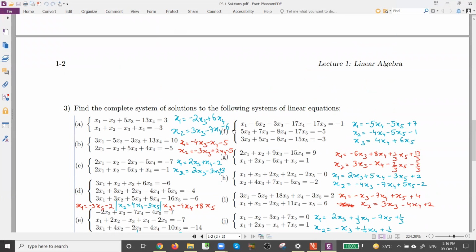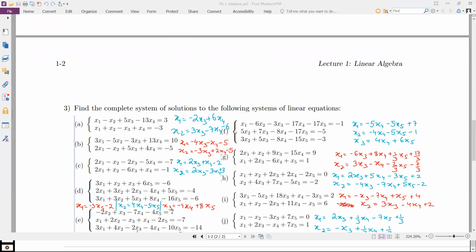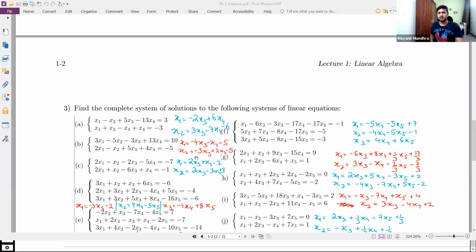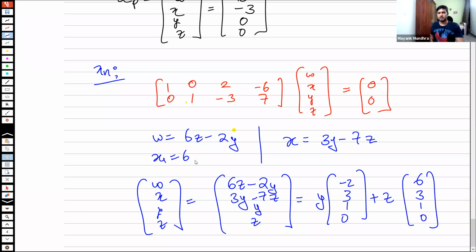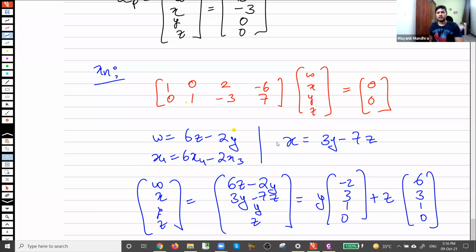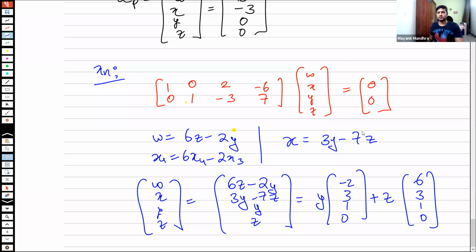Yes, sir, but I followed the same method like you did. So I guess it's okay. So w is my x1. So basically what I have is x1 equals 6 times x4 minus twice x3, and 3x3 minus 7x4.